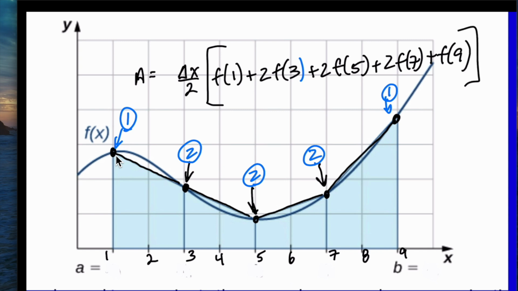So again, the middle f of x's get multiplied twice, but the ones on the end do not. And that is your formula to get the area using the trapezoidal sum.